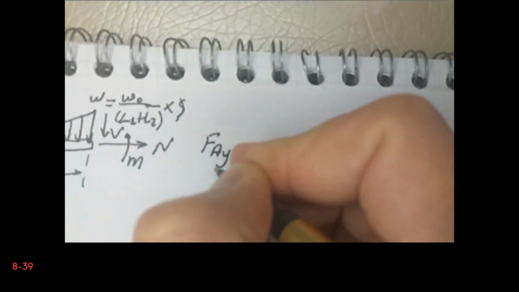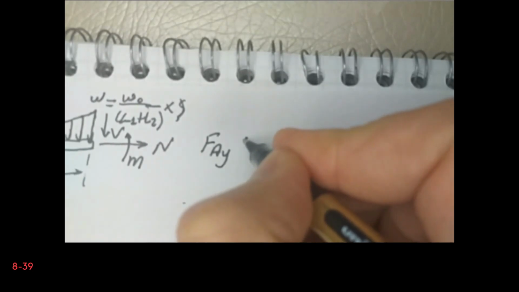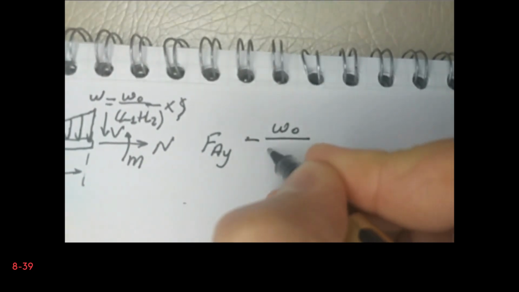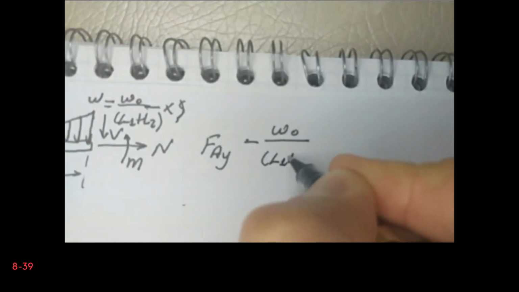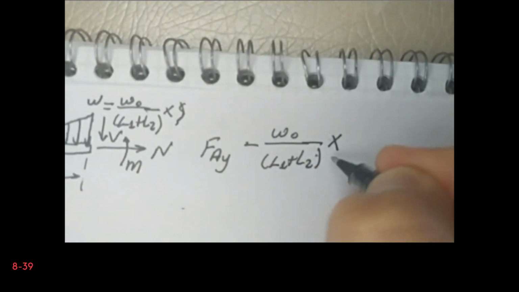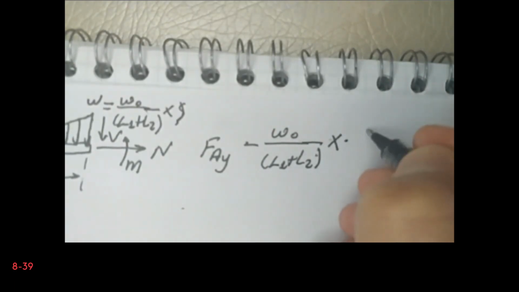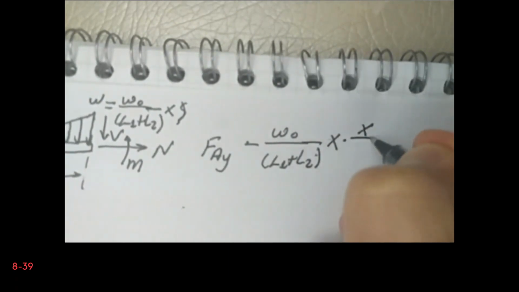Then we have the resultant force of the distributed load. So this is minus W0 over L1 plus L2, multiplied by x, multiplied by x divided by 2. So this is the resultant force of the distributed load when you have the width of x.